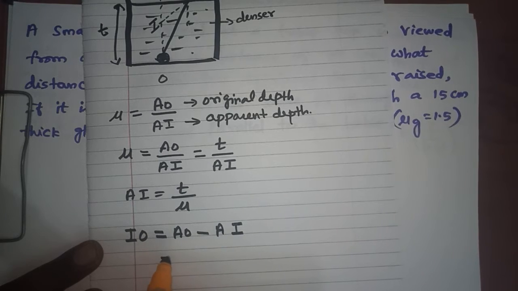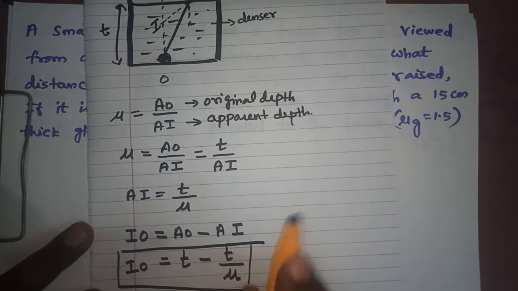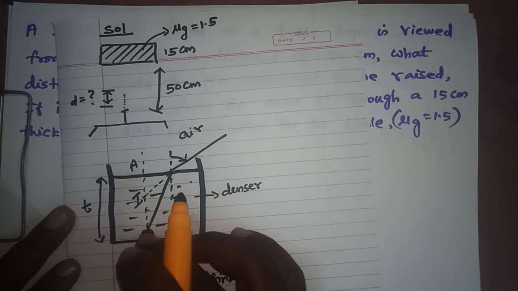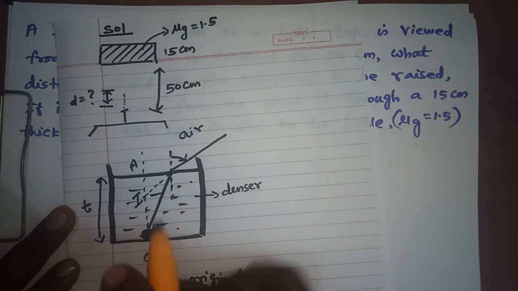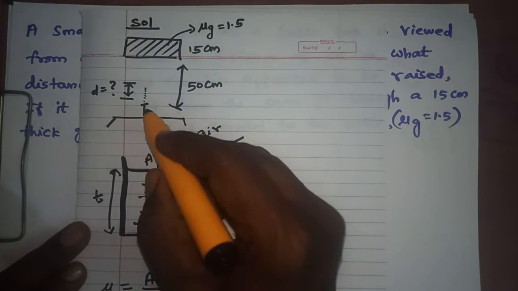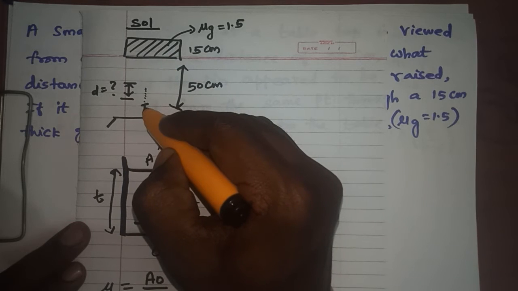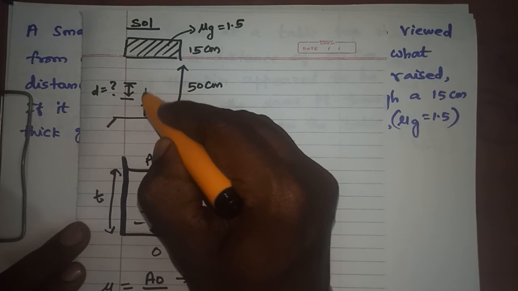A naught is equal to my length T, so IO is T minus AI, which is T minus t by mu. From this relation, I naught is the distance that the object has been raised from the bottom level to this level. Because of this medium, the needle appears to have been raised.